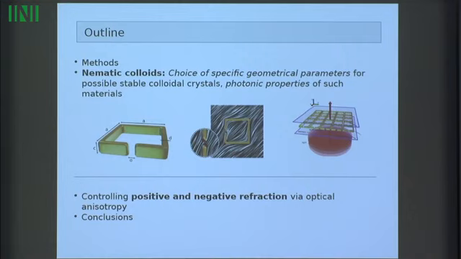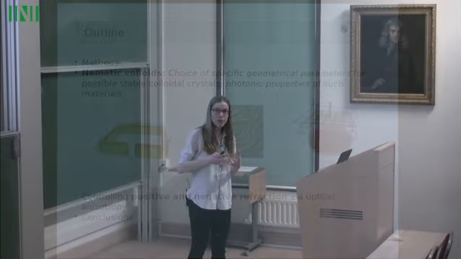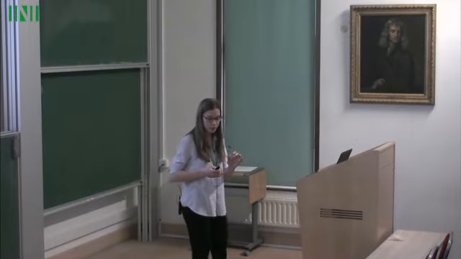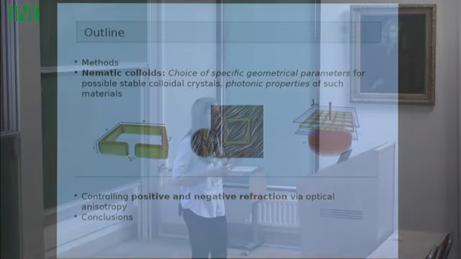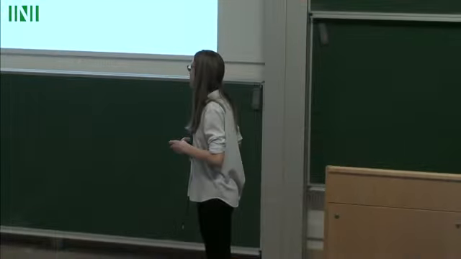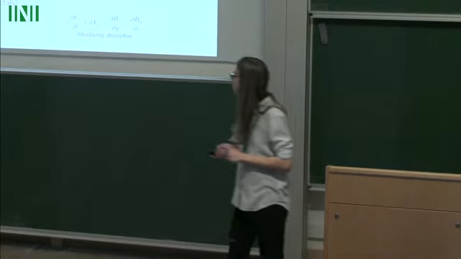Then I'll skip to something a bit different, so to a homogeneous metamaterial with different signs of the eigenvalues of the permittivity tensor, so perpendicular and extraordinary and ordinary permittivity, just to show how light could be controlled very well with such materials. And then we'll go to conclusions.